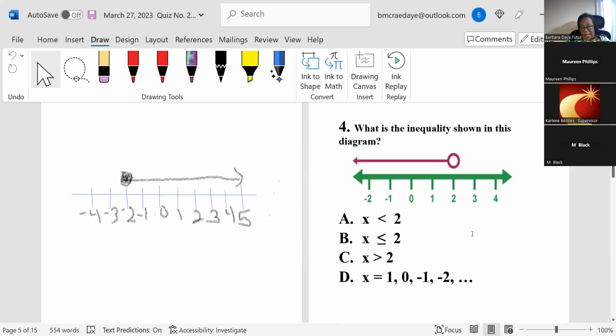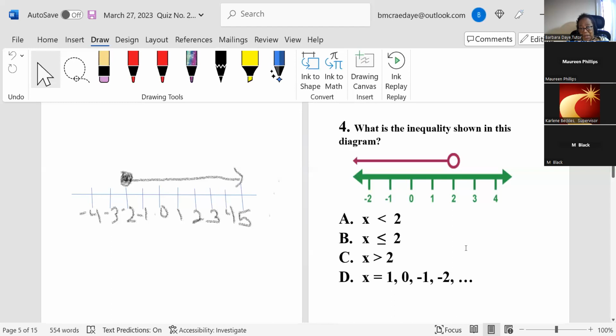A is a less than. And what about C? C is greater than. That's right. So it can only be A or C, because it's an open circle, so it can only be a less than or a greater than.